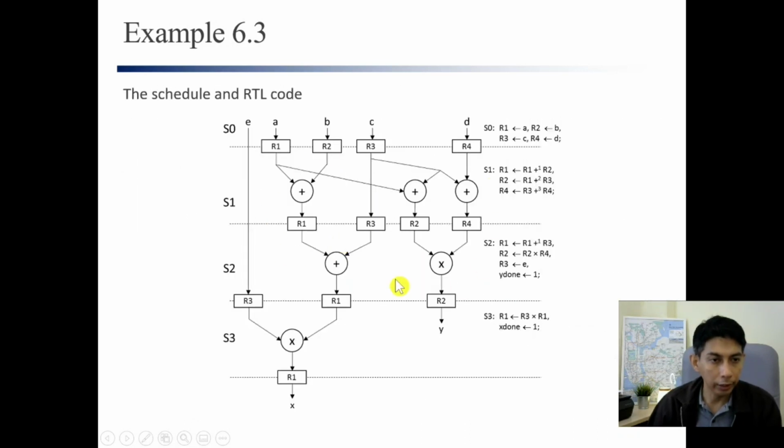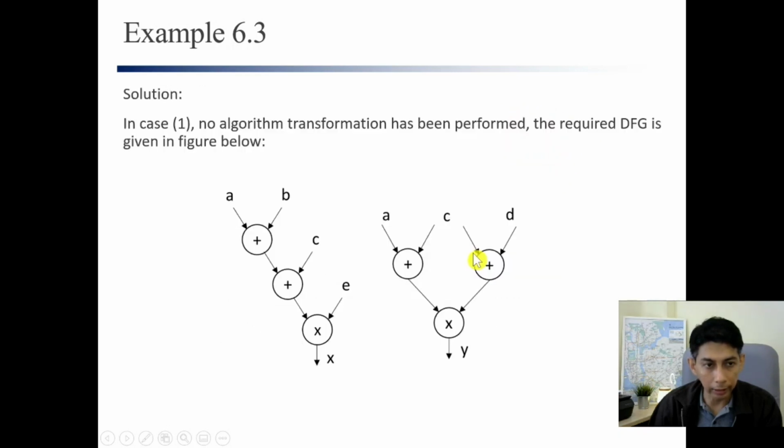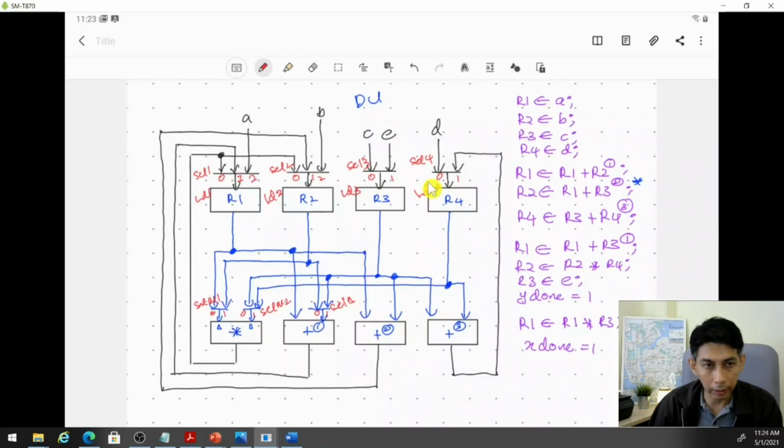How to create the CU? The CU comes from the number of cycles, the schedule, and also from the RTL code, because the RTL code will tell us when each signal should be activated.